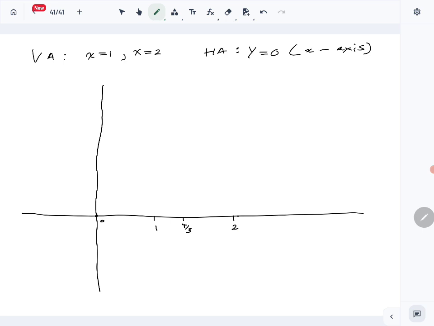And we need to draw a vertical asymptote through x equals 1 and x equals 2, right?